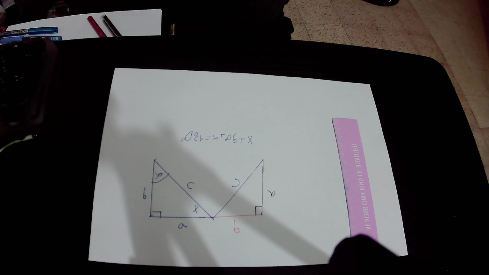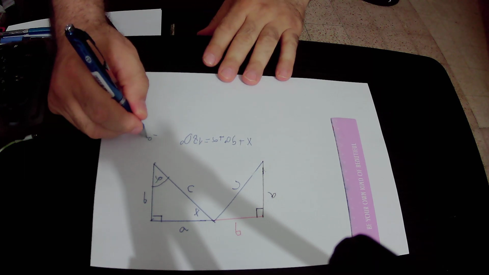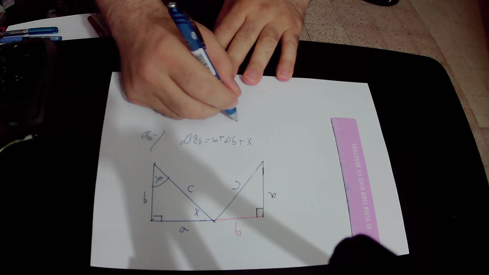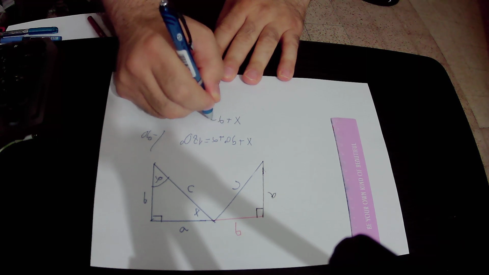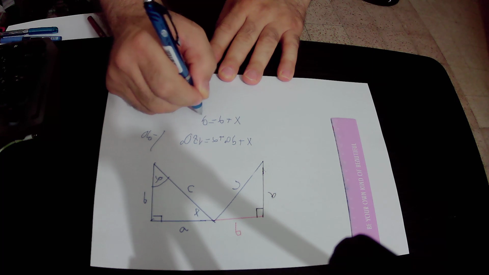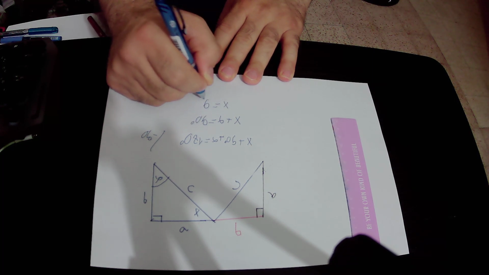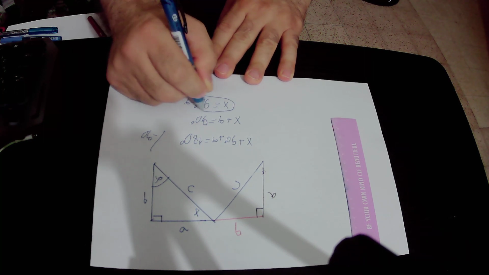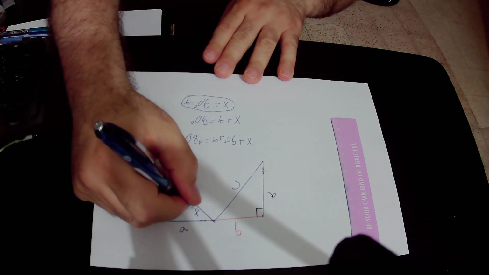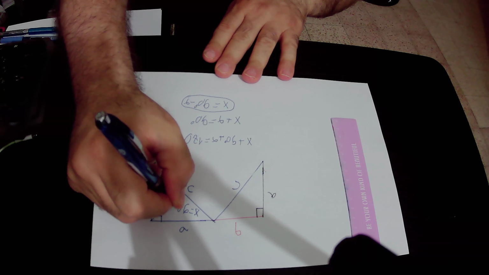We can subtract 90 degrees from both sides of the equation. We will get that x plus alpha equals 90 degrees, or x equals 90 degrees minus alpha. So here we have 90 degrees minus alpha.